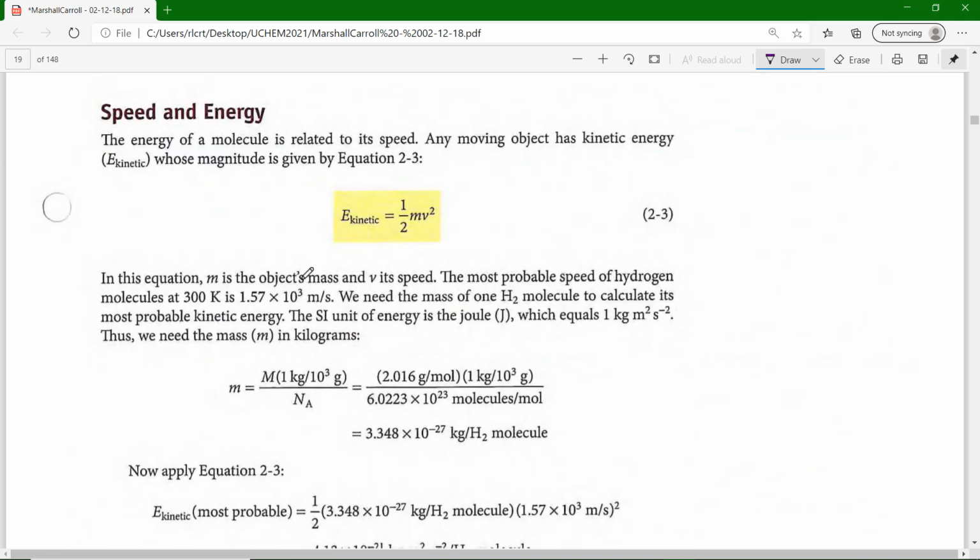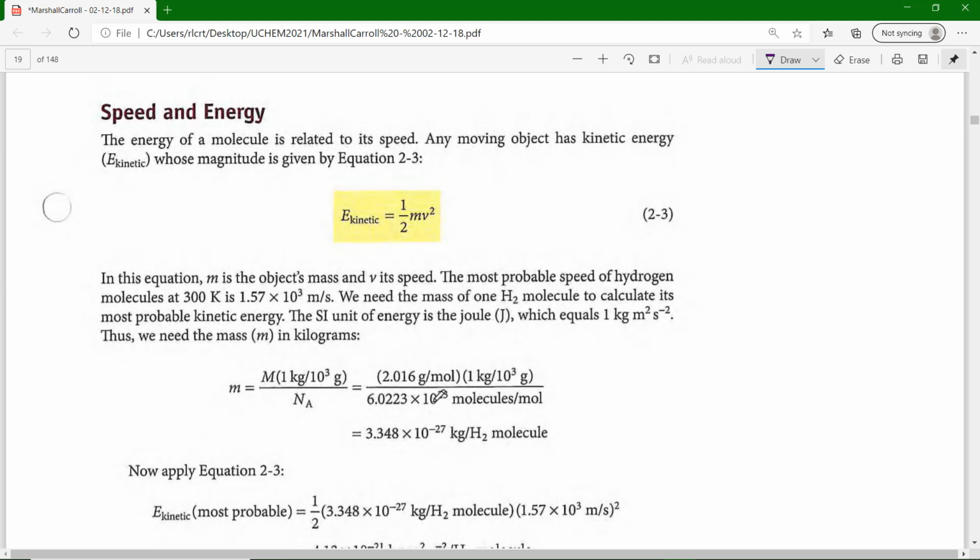We can relate speed and energy, remembering that the kinetic energy is 1/2 mv squared. So if you know the most probable speed of hydrogen at 300 Kelvin, 1570 meters per second, the most probable kinetic energy would be, well, first let's get the mass of a hydrogen molecule.